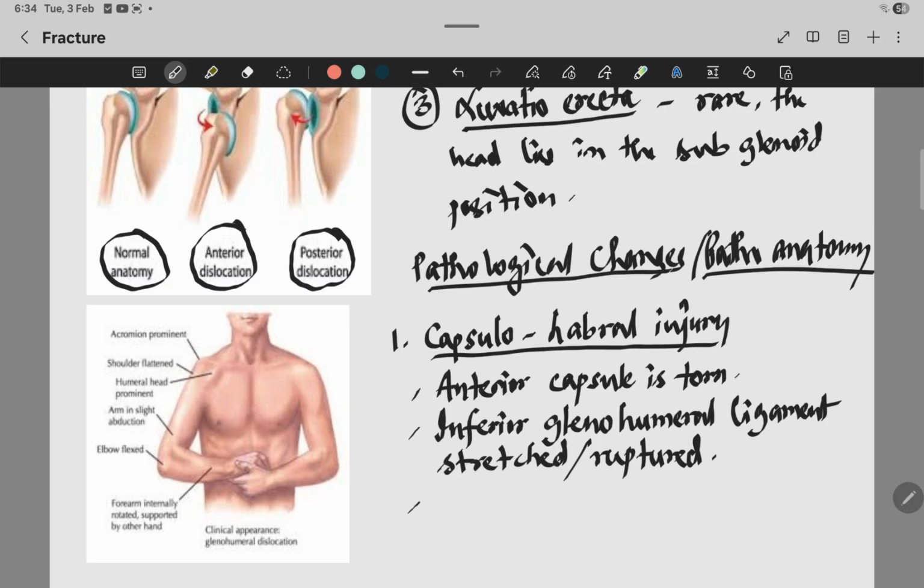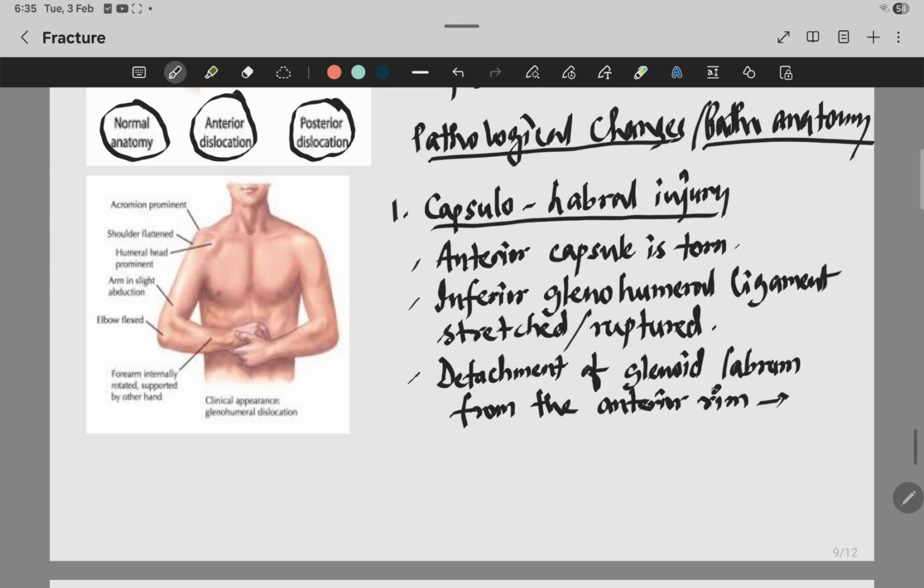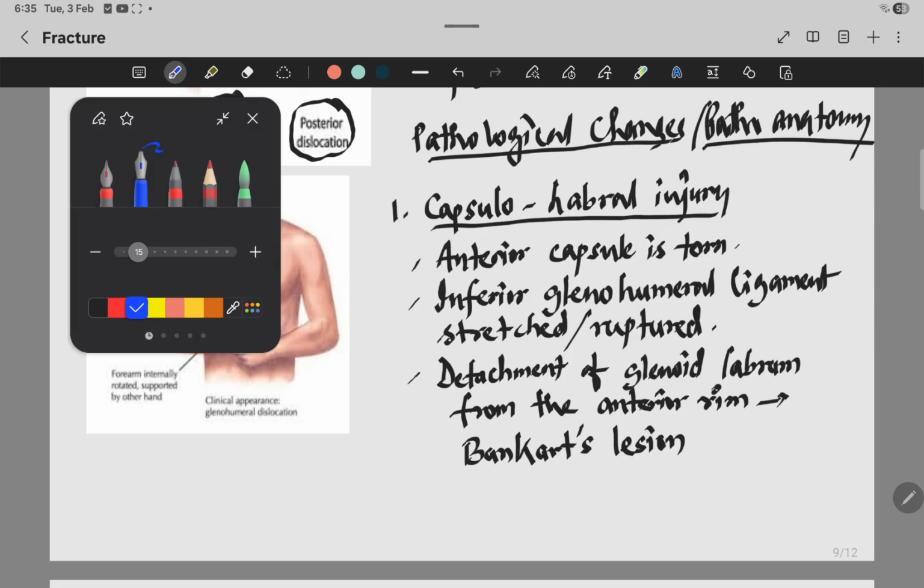Next, there is detachment of the glenoid labrum from the anterior rim, which is also known as Bankart's lesion.